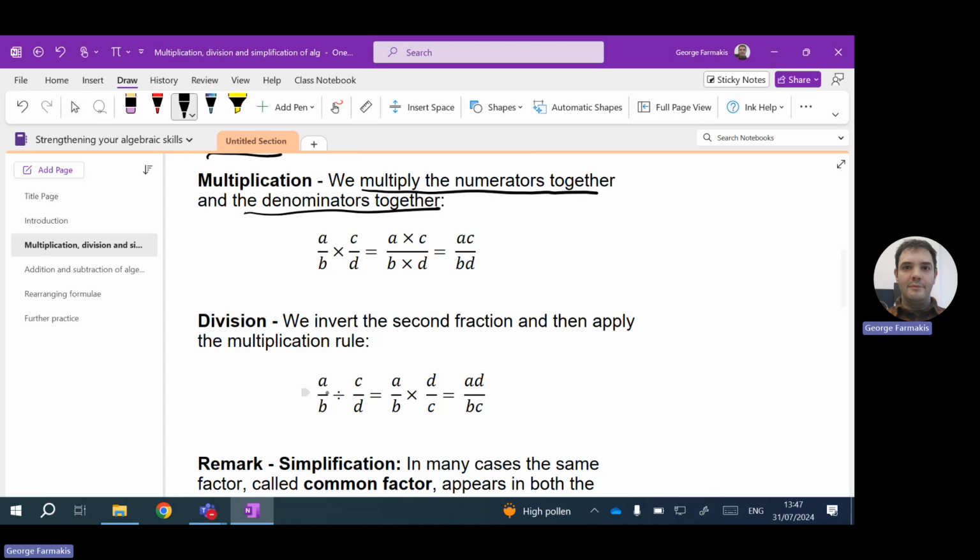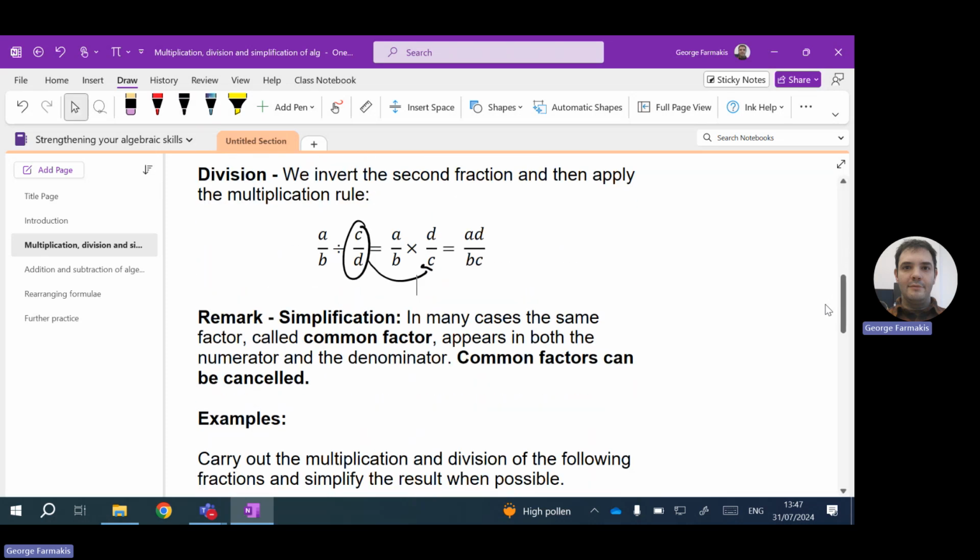If you have a over b divided by c over d, then we invert the second fraction and we multiply. So the division becomes multiplication, given that we swap numerator with denominator of the second fraction. So this becomes a times d over b times c.